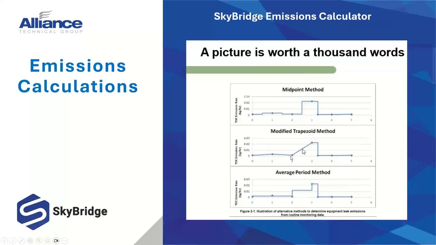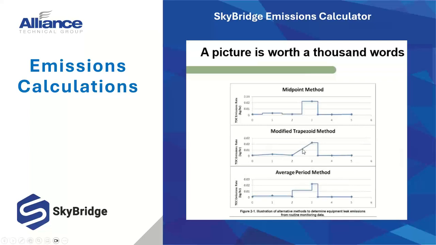The last time you monitored it was number 2 here, and then the next time you monitor it is over at this point right here. So did that leak, as soon as you finished monitoring, pop up and go straight up like this one here? Did it pop up and then leak all the time until you monitored it again and then found the leak? Or did it gradually become a leak? Most people would agree it gradually became a leak. And then once you fixed it, it dropped off like a cliff here.